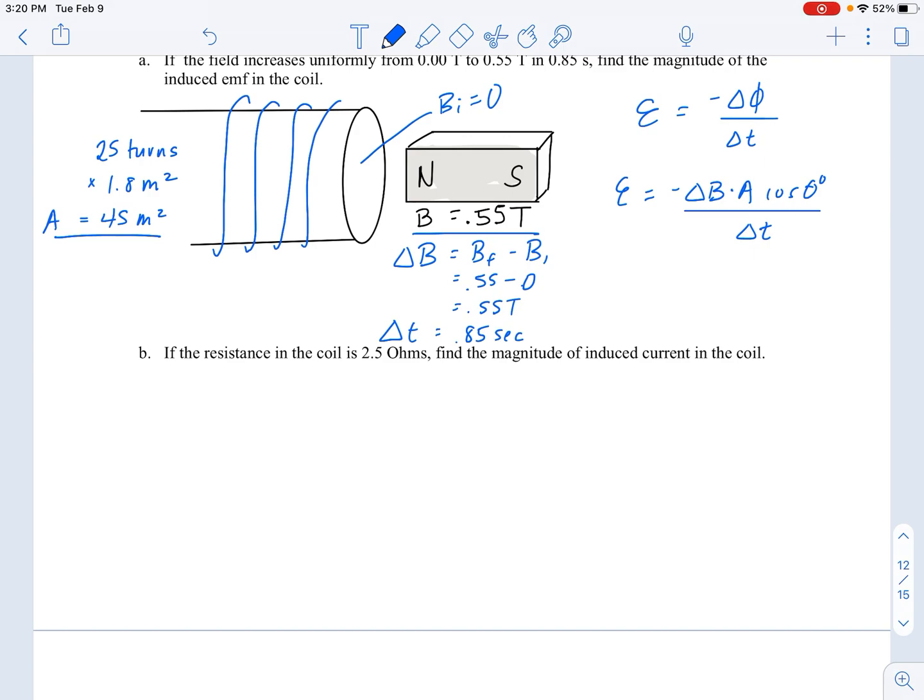Now in this case, remember, the area vector is perpendicular to the plane of the area. So the area vector is along that axis. So my angle is going to be 0 degrees. It's going to be parallel to my B field because the B field is like that.